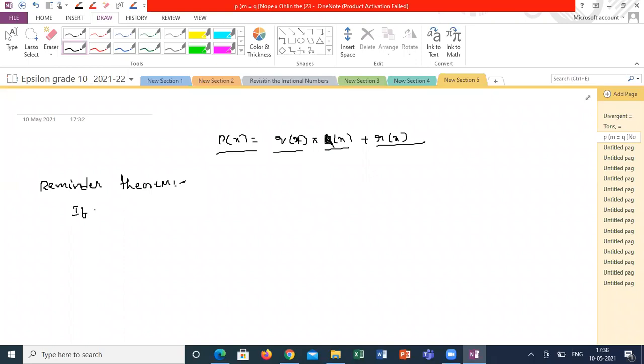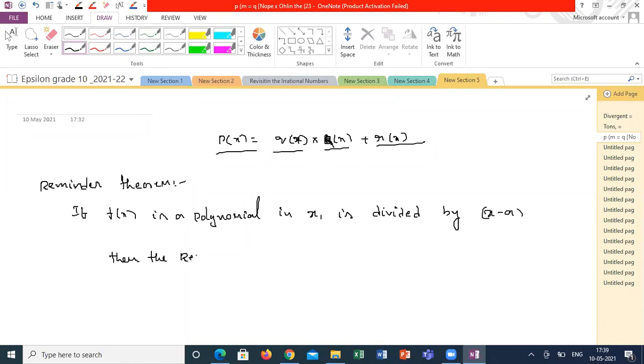If f of x is a polynomial in x divided by x minus a, then the remainder is f of a. This is called the remainder theorem.